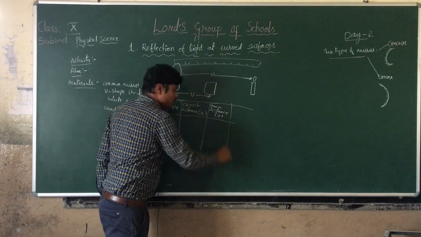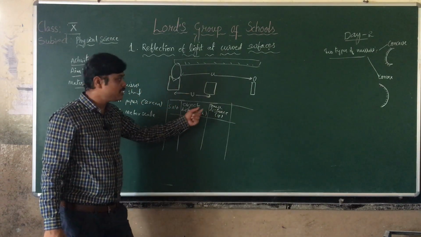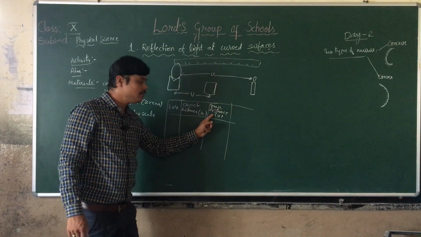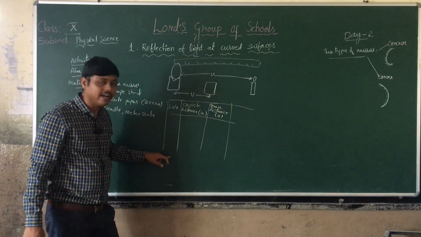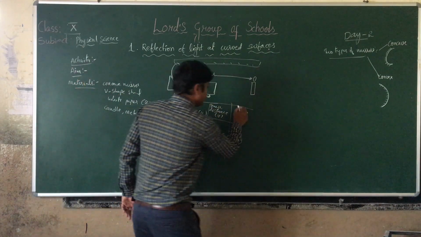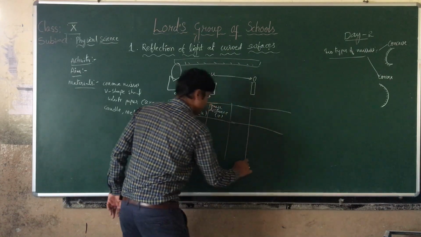Here you have to observe that whenever the object distance is changed, obviously the image distance also changes. So you have to note down the values. And how many kinds of images are you getting here?